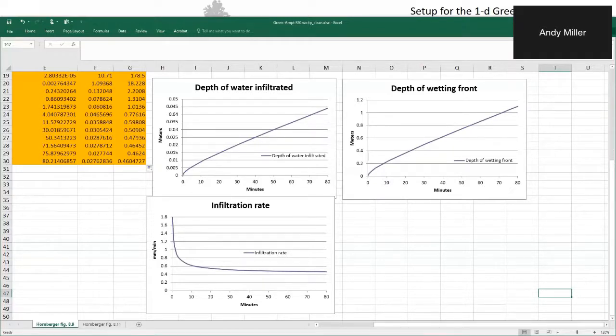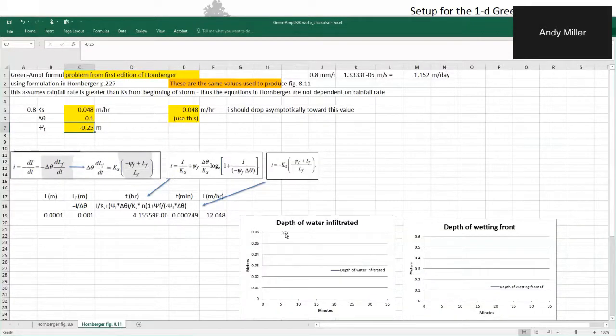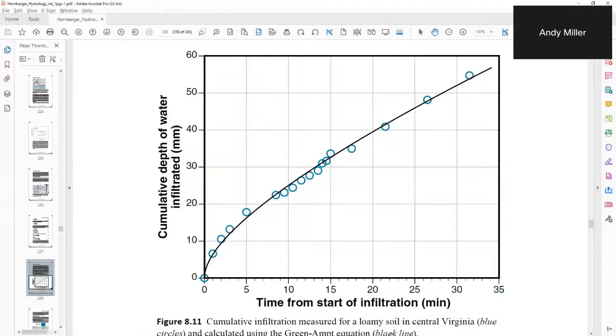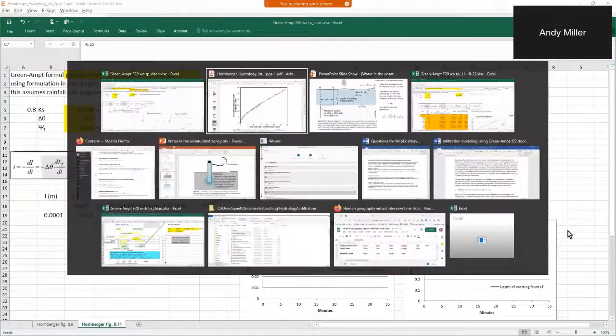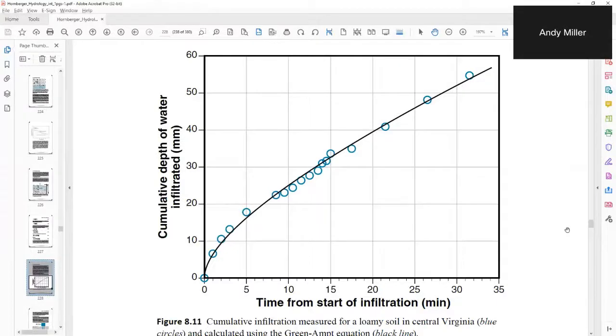Now, over here, there's another such problem that is set up more or less the same way, except with different values. And it's to match this problem in this figure in the textbook. I guess, is that 8.11? That's 35 minutes.